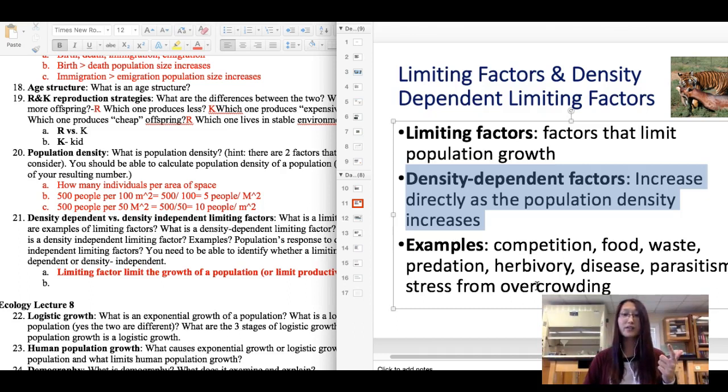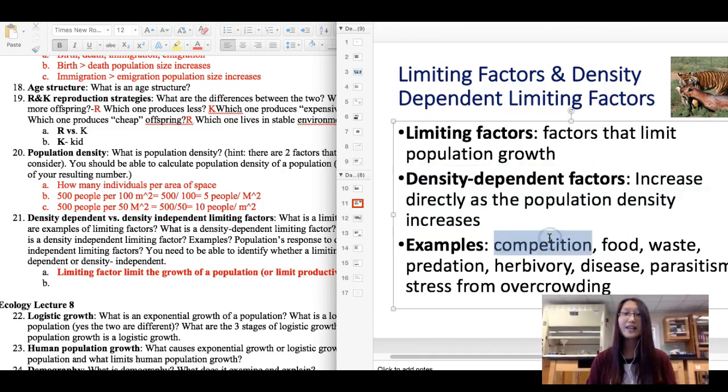Food, for example. There's always a fight for food. Even though it doesn't look like it, you have food every day, but not the entire world always has food, right? So that's a density dependent limiting factor. The more population we have, the less food we have, and the more competition for food we have.